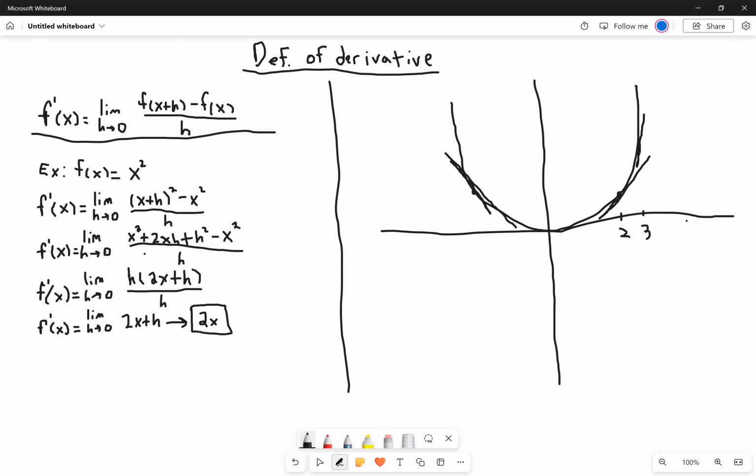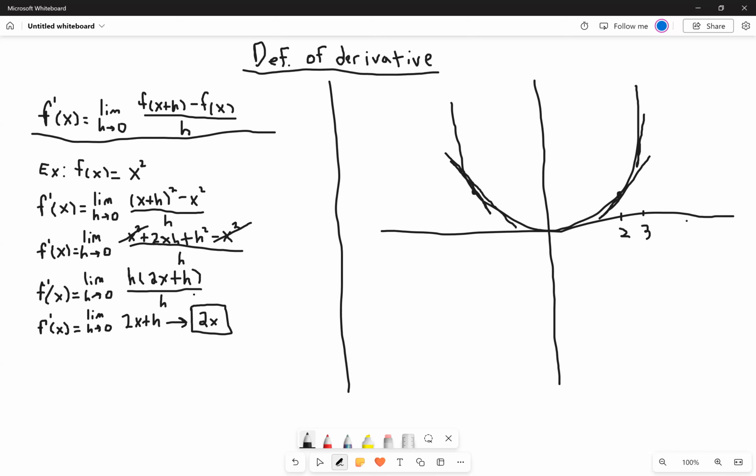Now in the next step, I've performed some foiling and I've expanded to make it x squared plus 2xh plus h squared minus x squared all over h. Now, as you can see, we have a positive and negative x squared, so we're going to quickly cancel those two out, which will give us 2xh plus h squared over h.